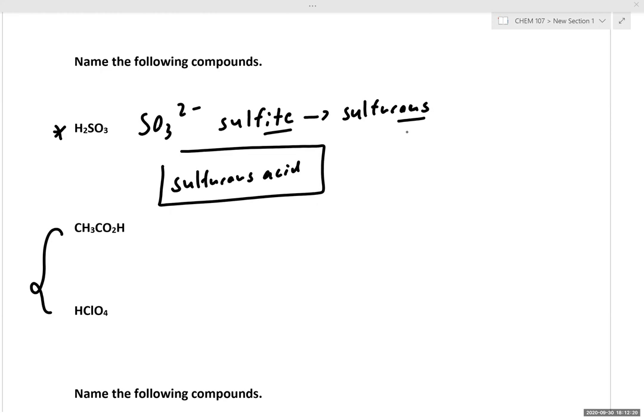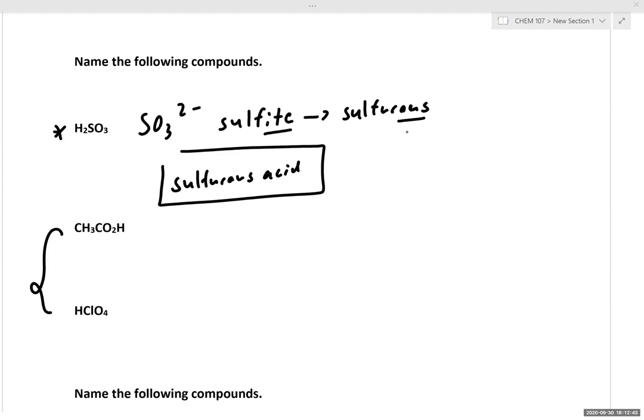Yes, you had a question? When we are writing the formula, for example, on the first one, we put the hydrogen at the end, and then the second one, we put the hydrogen at the beginning. So for most oxyacids, you put the hydrogen at the beginning of the formula. The formula of acetic acid is trying to convey the connectivity of the atoms.